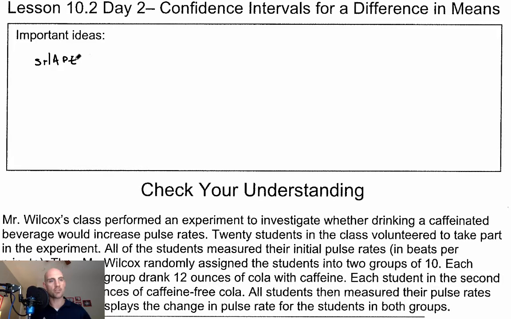What we're going to be doing is looking at the shape of our distribution. And when we're looking at the shape of the distribution, what we need, as usual, is for it to be normal. And as a reminder, that can take one of three forms, correct? The population is normal, or it could be the case that our sample size is greater than or equal to 30, and we'd use our central limit theorem.